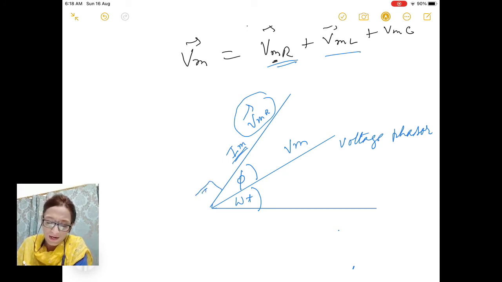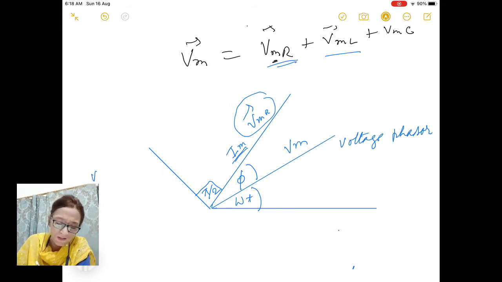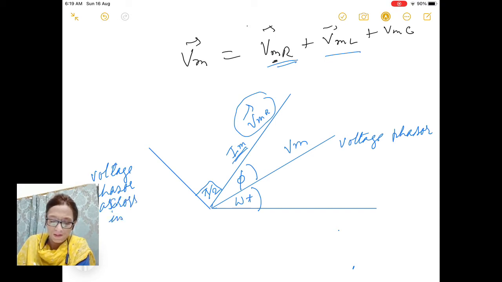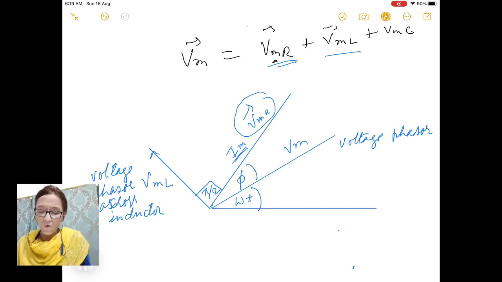So let me draw an angle pi by 2, and at this angle let me take voltage phasor across an inductor. This is your voltage phasor across inductor, given by VML.